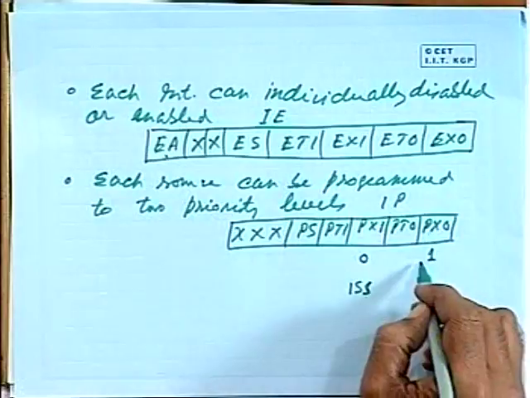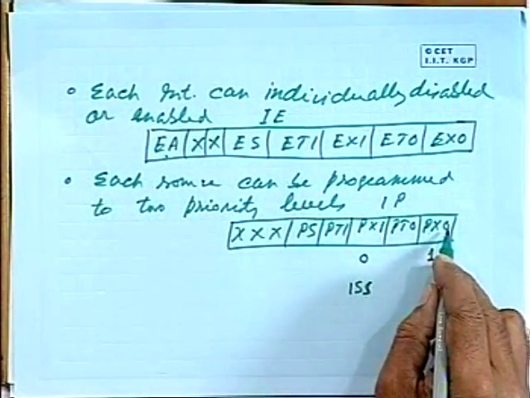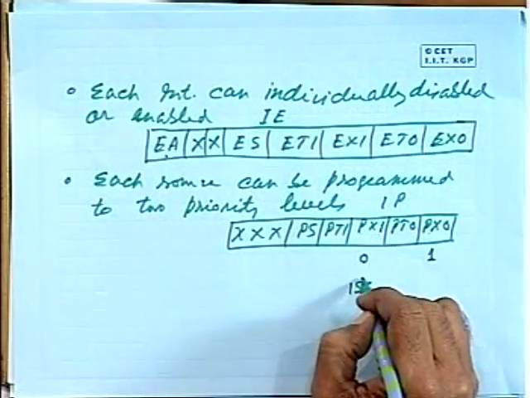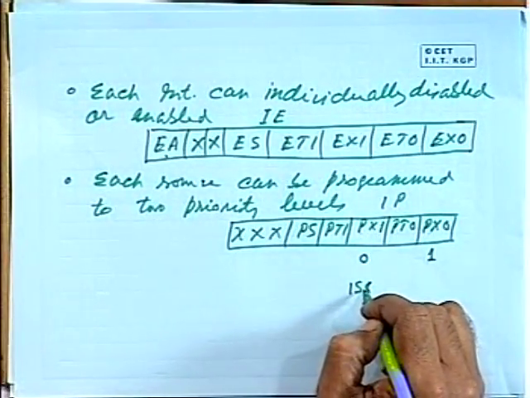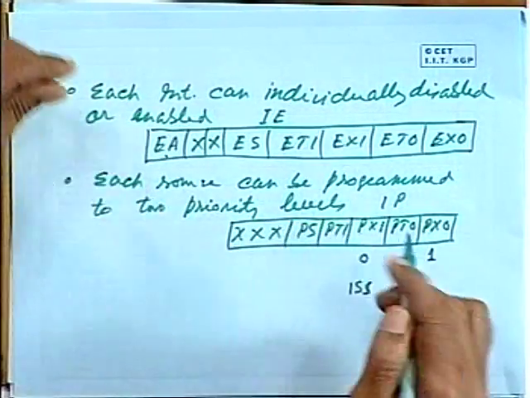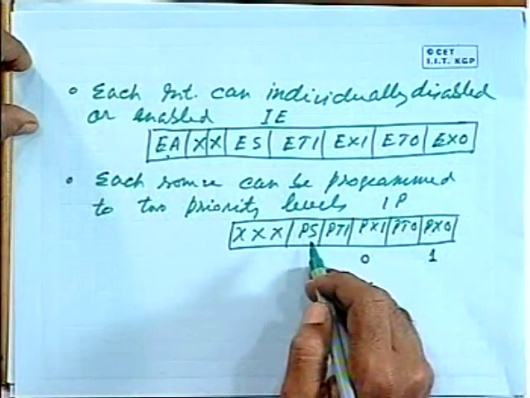On the other hand, if the interrupt service subroutine for 0 is in execution, and external interrupt 1 occurs, then it will be ignored because it has got lower priority. That means you can program them to higher or lower priority as per your requirement, and only when a lower priority interrupt service subroutine is under execution, a higher priority interrupt will be accepted. Otherwise it will be ignored.